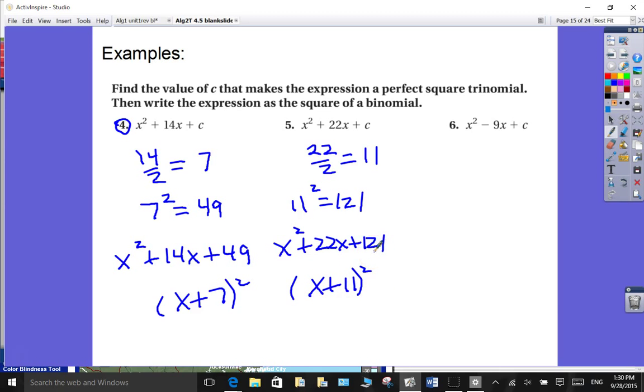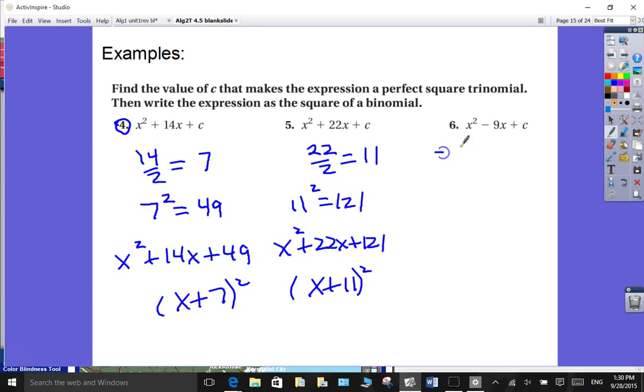Now the last one, which I'm going to do, it's still the same process. Just what's different about the number 6? What's going to happen when you divide by 2? Then negative is okay, right? Negative really doesn't make any difference. What's that? Yeah, it's going to be a fraction. That's okay.